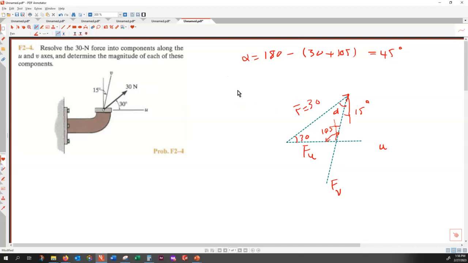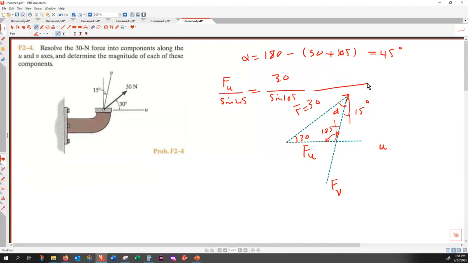So by the sine law, I have the component of the u divided by sine 45 is equal to 30 divided by sine 105.